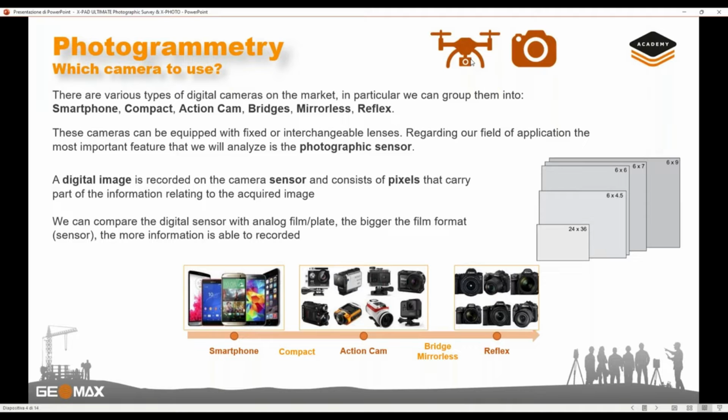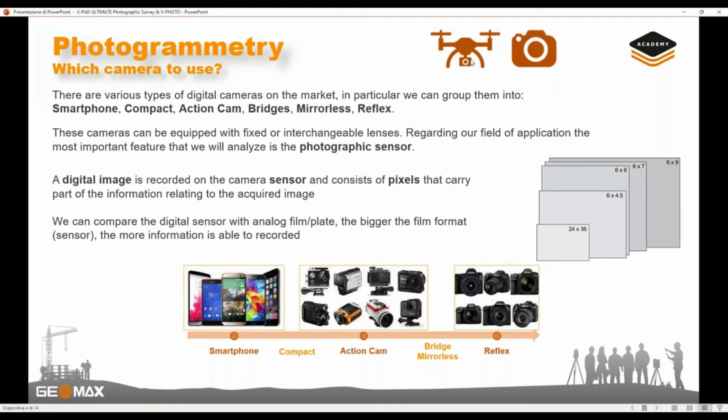These cameras can be equipped with fixed or interchangeable lenses, but also with different zooms. Smartphones, compact cameras, and action cameras use a fixed lens, but with various zoom. Basically, we can directly change the zoom length recognized by the camera.